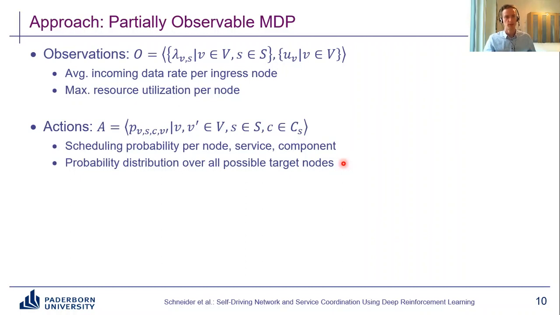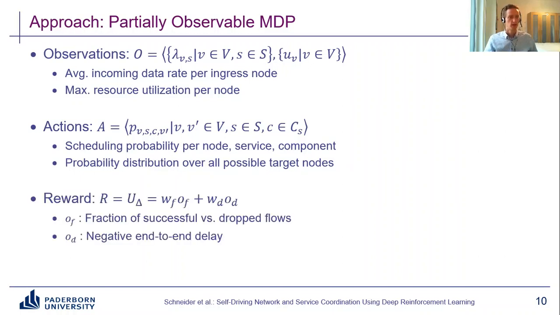So we need a probability distribution for each row over all possible target nodes. And so overall, this constraint, but mostly the fact that we have this large continuous action space, because these probabilities can be anything between 0 and 100, is one of the reasons that makes this problem so challenging.